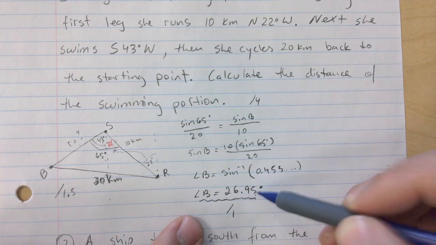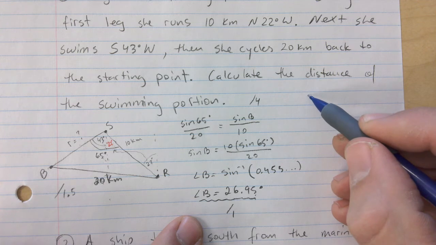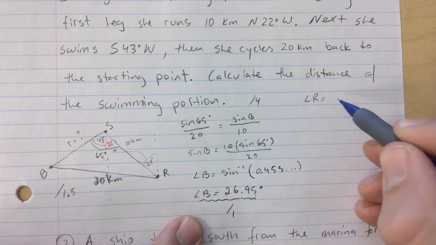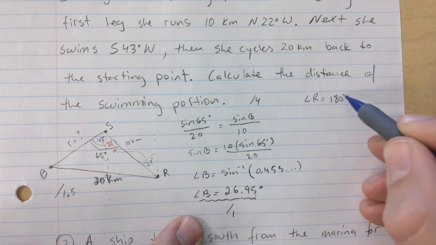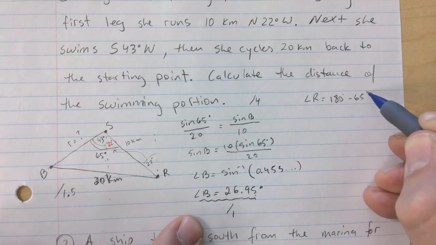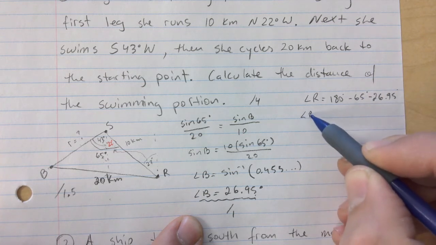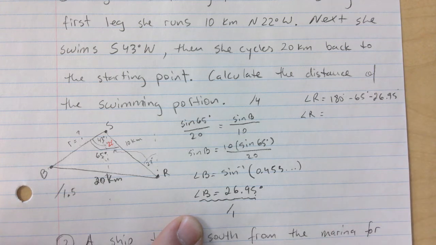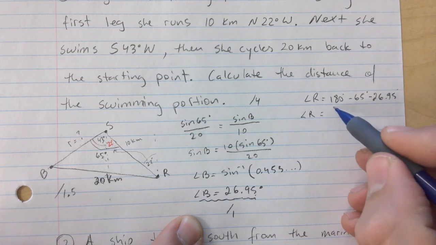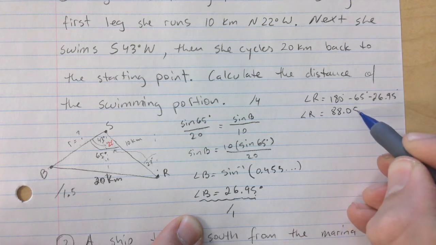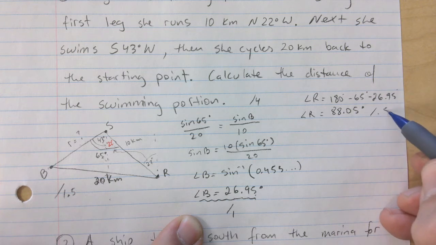Okay, so we're at 2.5 there. Now I'm going to find angle R, which is 180 minus 65 minus 26.95. That's 88.05 degrees. We give you half a mark for that.